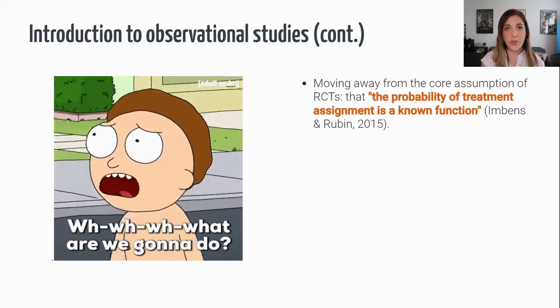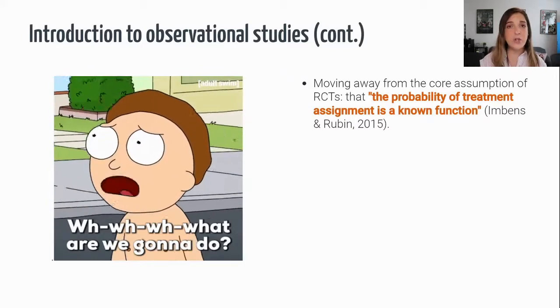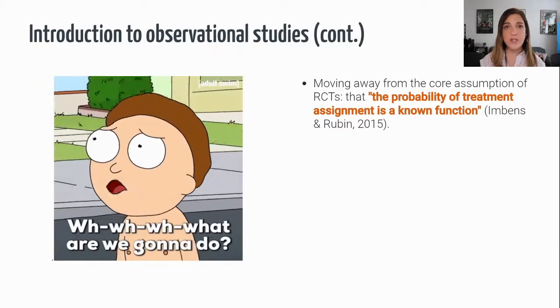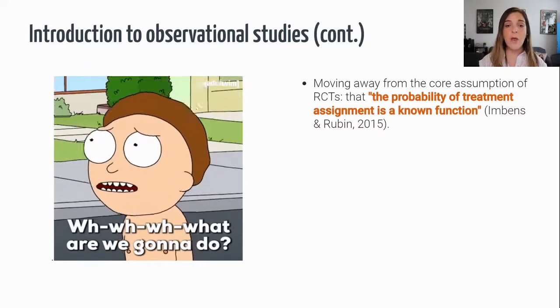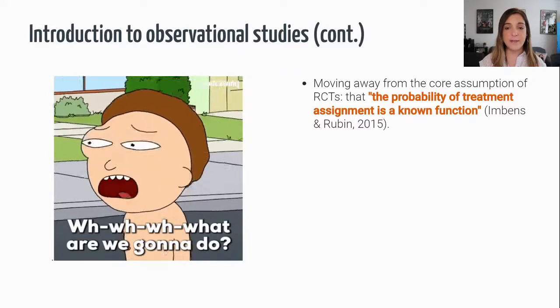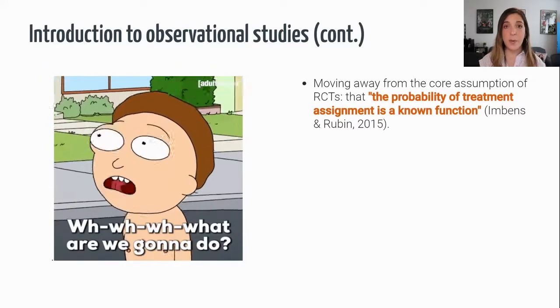You could perfectly do 2/3 and 1/3. In that case, the probability of assignment would be 1/3. You could try to prioritize certain people or certain units into treatment. That also does not break the assumption of randomization. The only thing is that we are designing the randomized assignment in the case of field experiments, and we know that probability function.